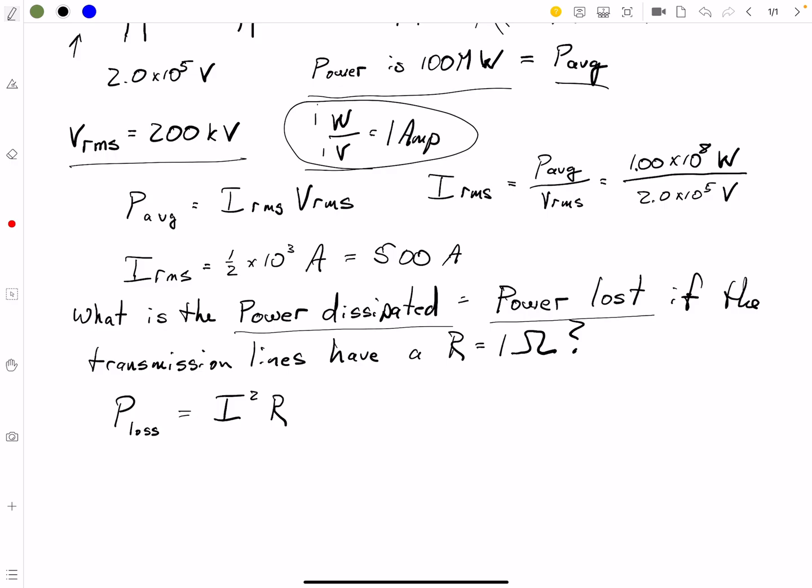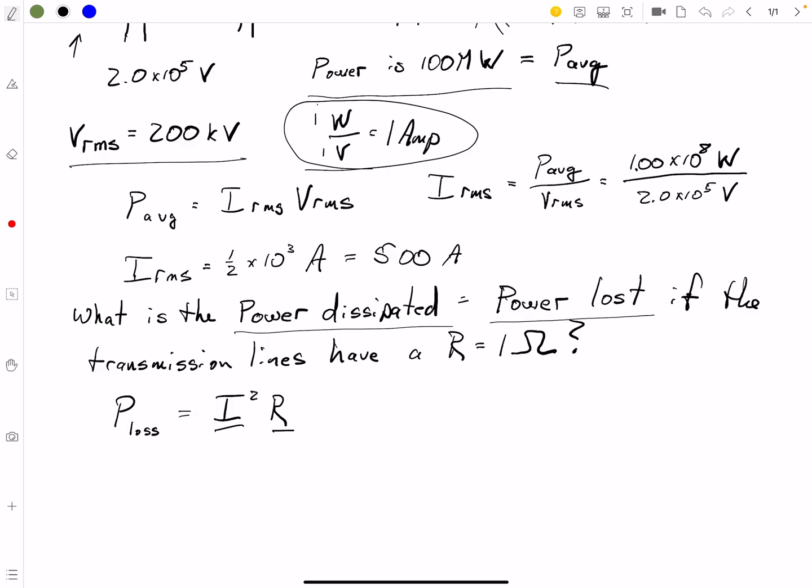Just do it that way. Don't work with voltage when you're dealing with power lost. You may end up getting the wrong answer. Figure out what your current is. Unfortunately, it's just the best way to do it. Power lost is your current squared multiplied by your resistance. So we're going to square 500 amps.